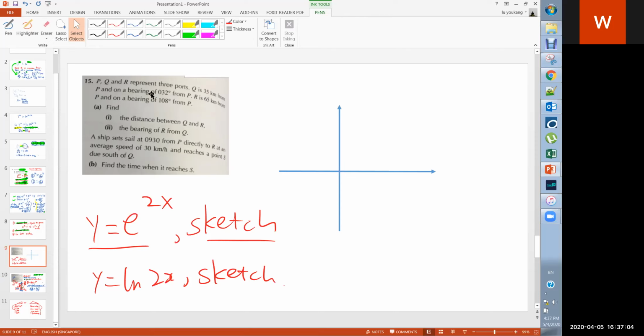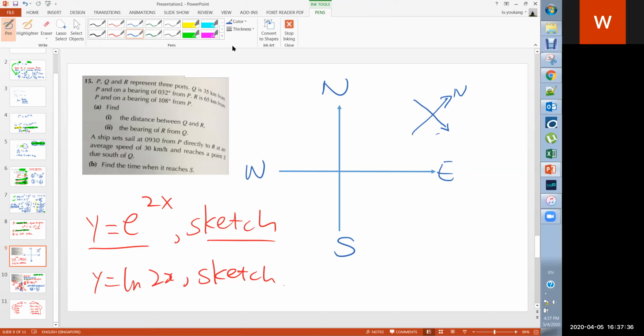Another thing I want you to note is over here it says the bearing of 32 degrees. Here I'm assuming this is north, south, west, and east. But sometimes the question can give you a north like this, then you have to adjust accordingly. What do I mean by that?